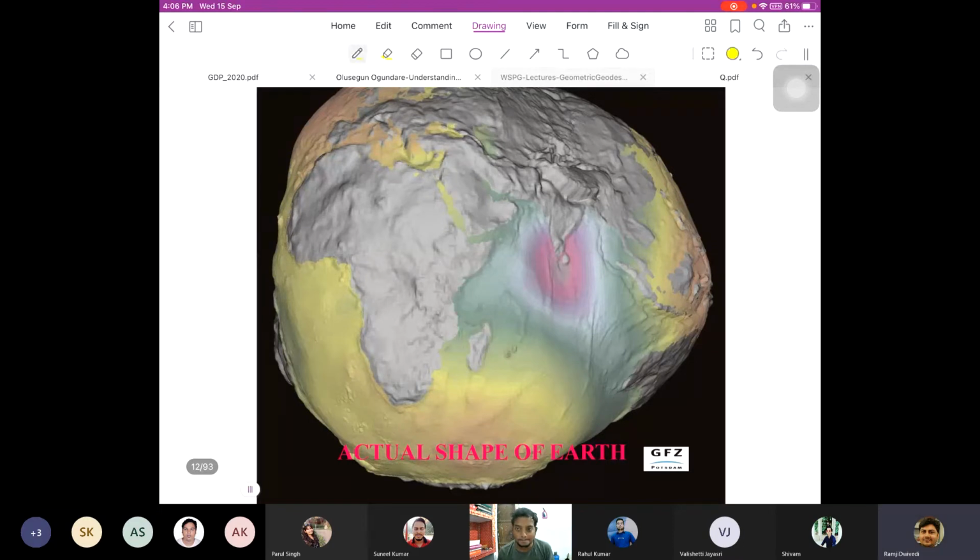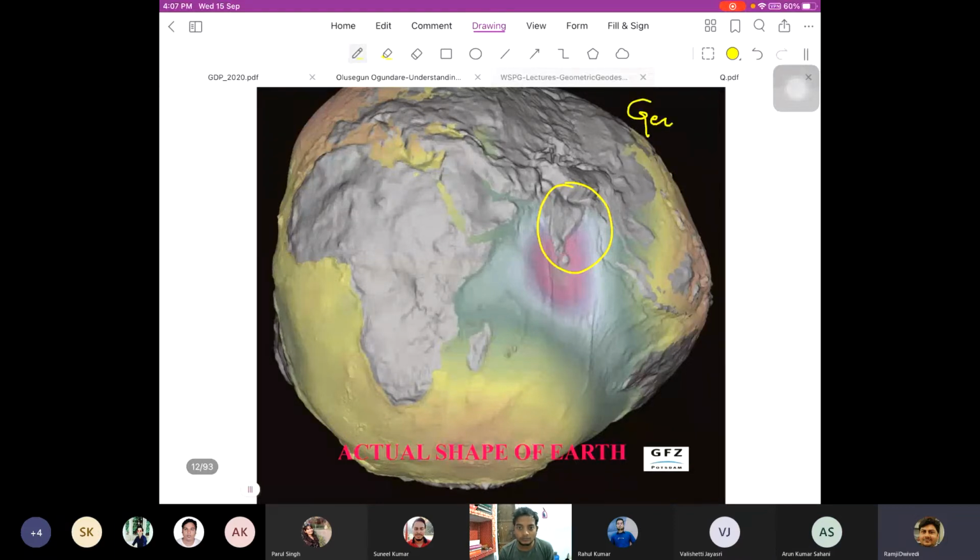And this is to realize what it is. This is your India. So this model, we call it the geoid.